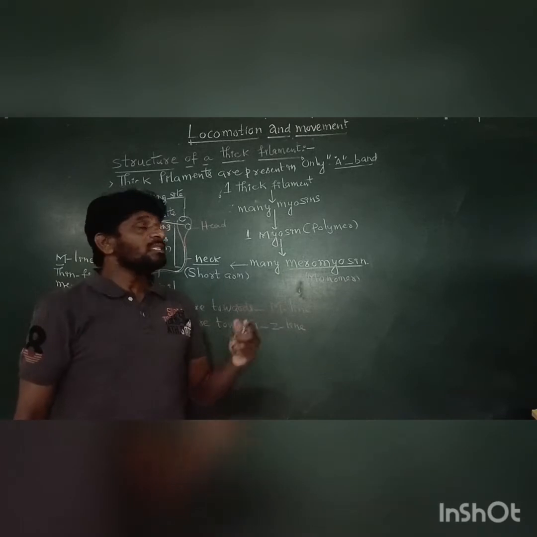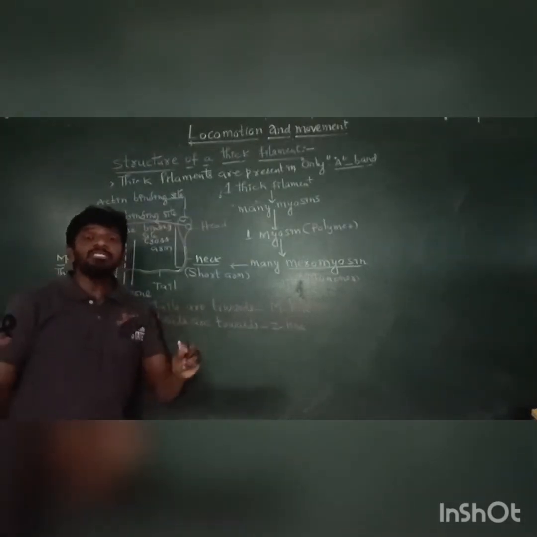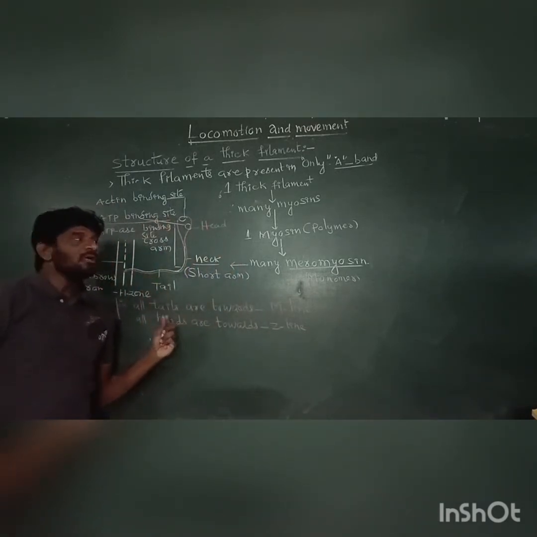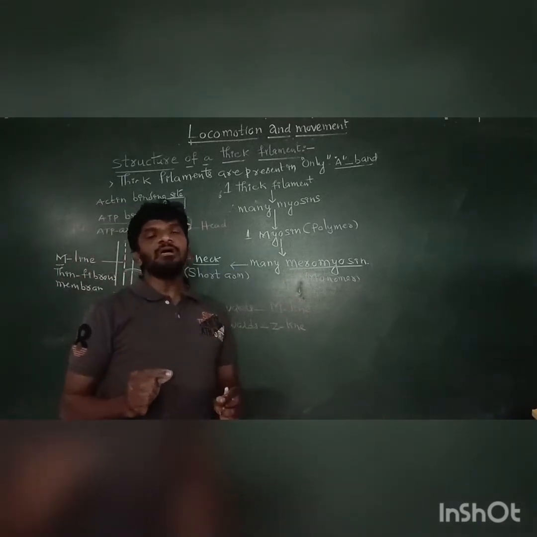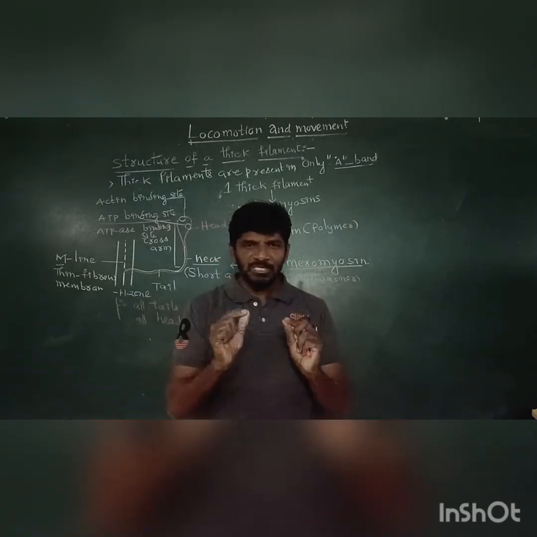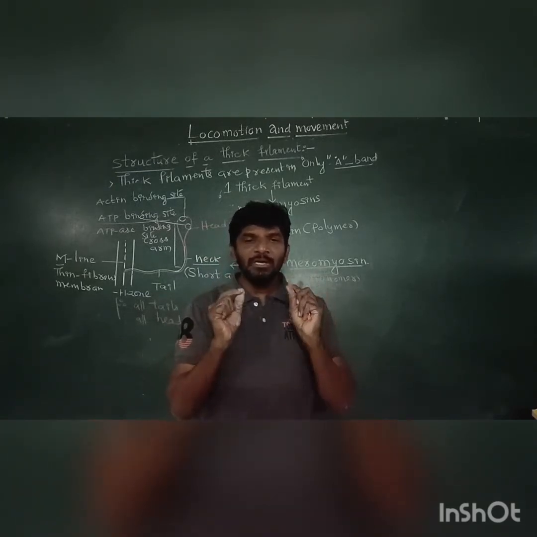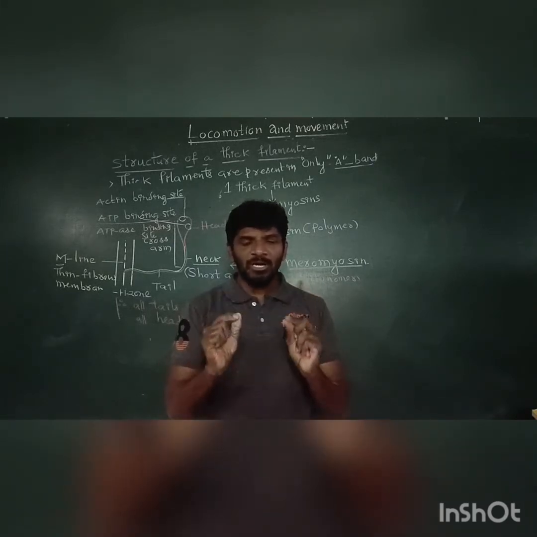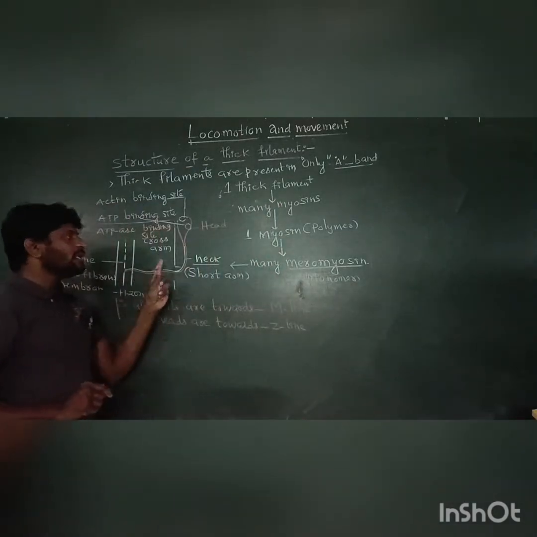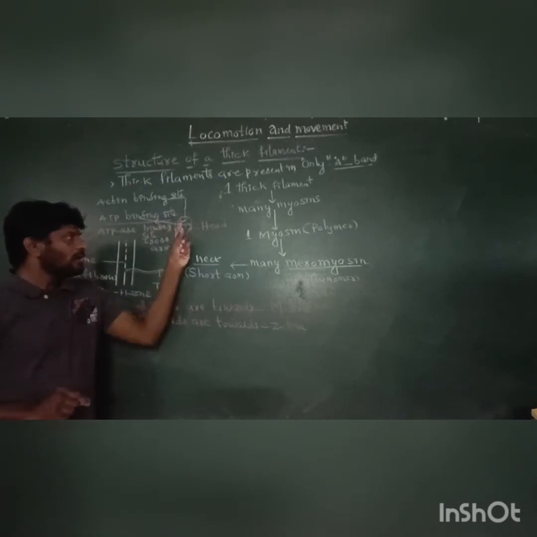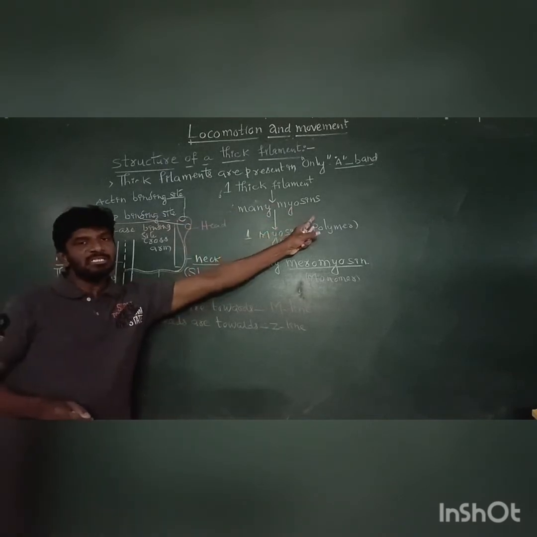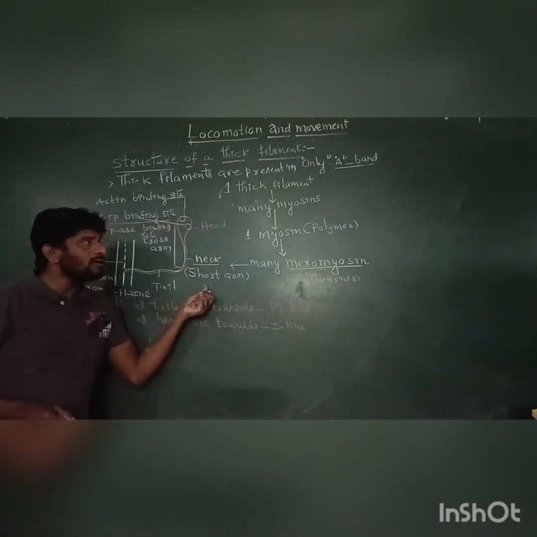For example, this is a muscle fiber, and each fasciculus contains many fibers. From the brain, the central nervous system, there is a neuron, and that is called the motor neuron.